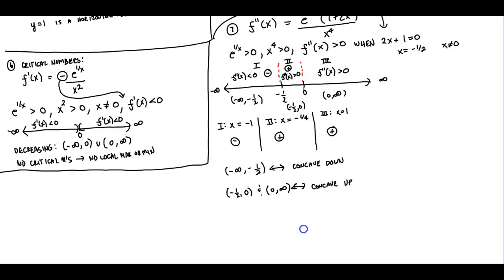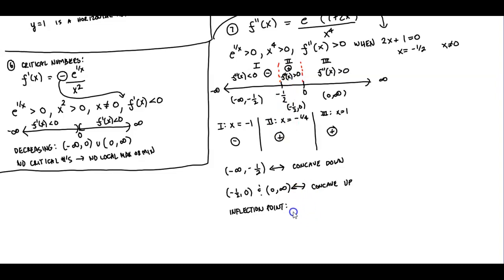So that's concave up. And then we need to determine if there's an inflection point or not. So is there an inflection point? Well, if we look here, we go from negative to positive, so there is an inflection point at negative 1/2.